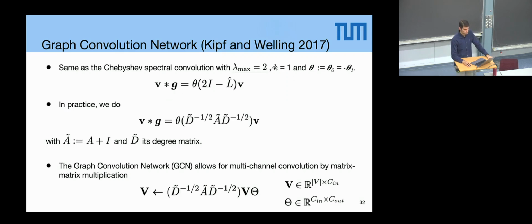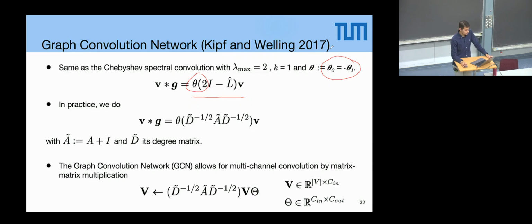So what they do is they consider the Chebyshev CNN with k equal to 1. They have the same assumption as before, that the maximum eigenvalue is equal to 2. And they also say that the only two weights that we have, because k is equal to 1, are equal but with different sign. So if you do those simplifications here, you arrive simply to this, where we have only one weight, because we assume they are equal but with opposite sign.